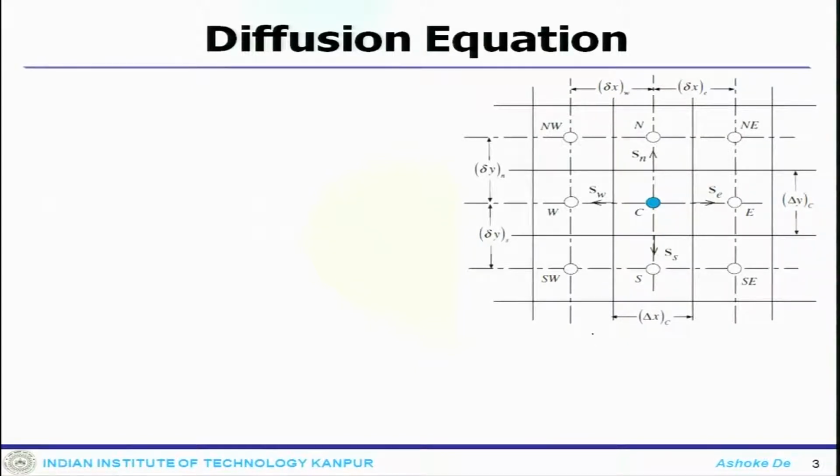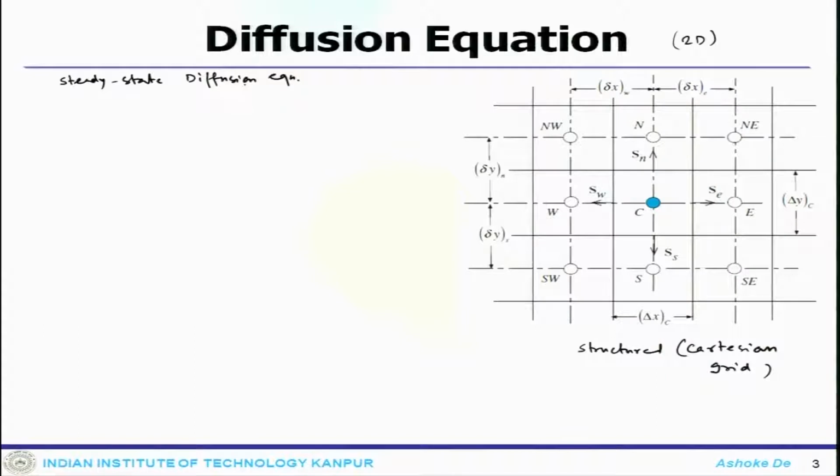This is essentially a 2D structured Cartesian mesh, Cartesian grid. So, it is some generic system it shows, and the equation that we will start with is the steady state diffusion equation.